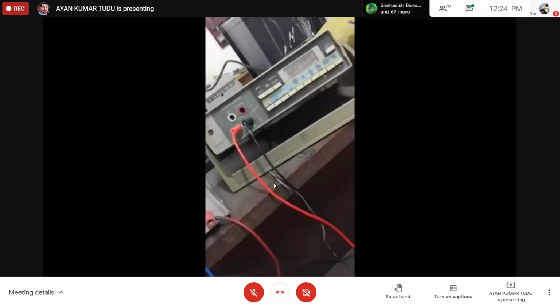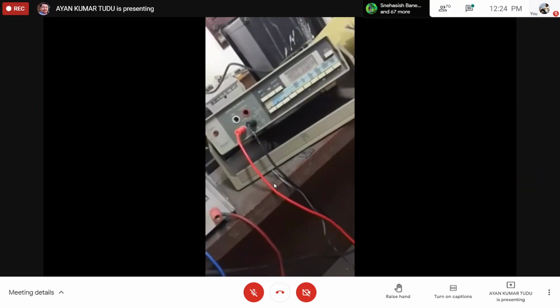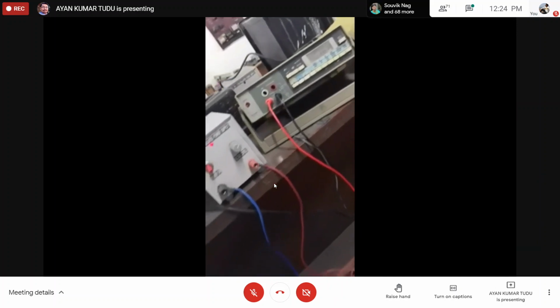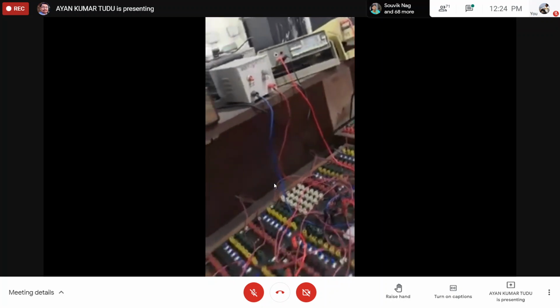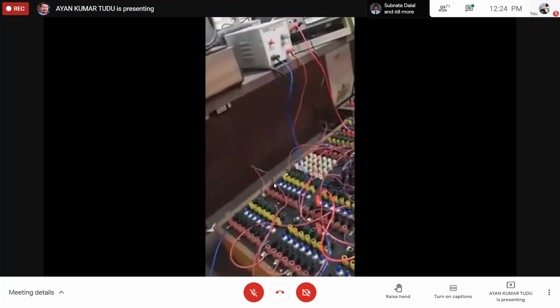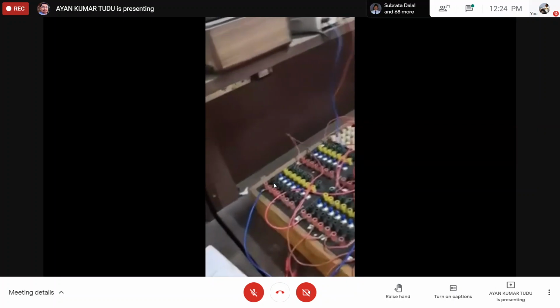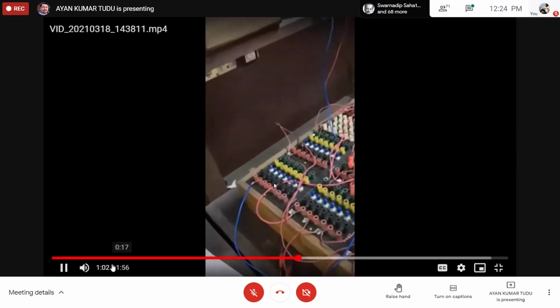See, there is a change of sign in the meter. It is indicating that at this position current is flowing from the other side. That is, current is flowing from the Q side also.